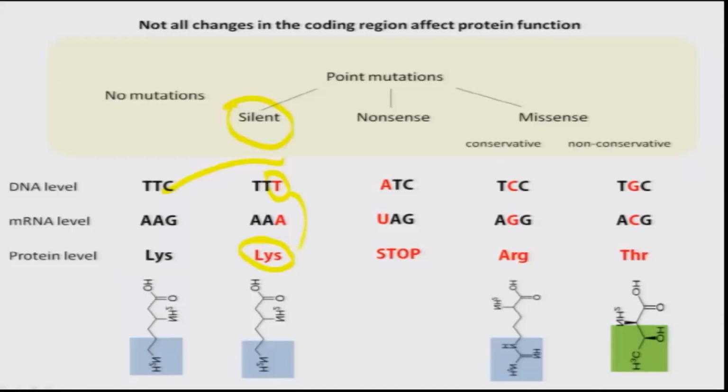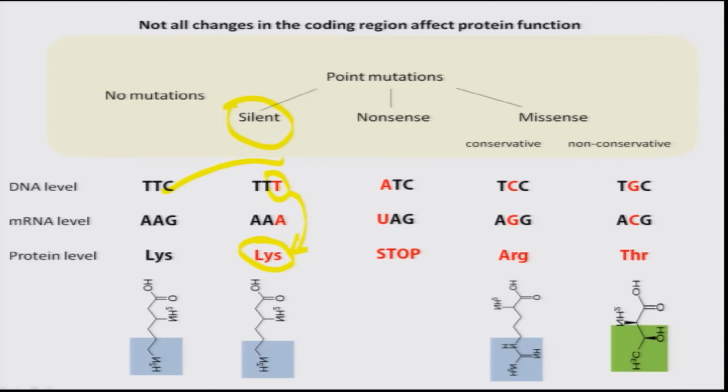So even if there is a change, the code still gives the same meaning as to which amino acid should be added. Even if there is a change in the DNA, it would not affect the way the protein is being synthesized. It would still have the same amino acid in that place. Such mutations are called silent mutations, meaning they do not really affect the way the protein is made.